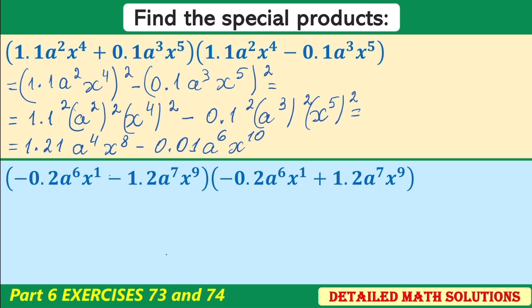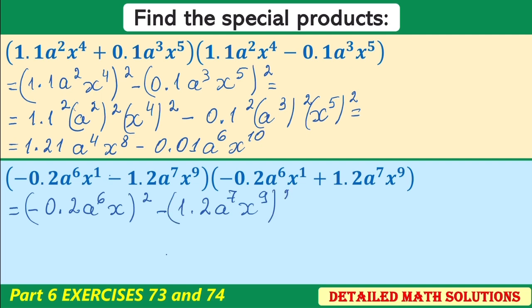Also, x to the first power will equal x. Therefore, when I use the formula, this equals minus 0.2 a to the sixth power x in parentheses squared minus 1.2 a to the seventh power x to the ninth power in parentheses squared.